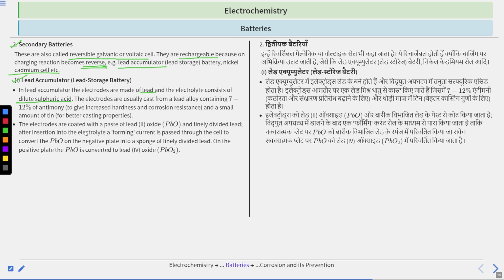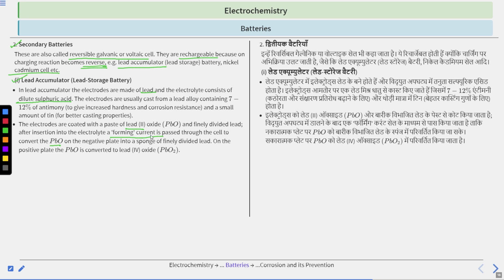The electrodes are coated with a paste of lead(II) oxide, that is PbO, and finely divided lead. After insertion into the electrolyte, a forming current is passed through the cell to convert the PbO on the negative plate into a sponge of finely divided lead, whereas on the positive plate the PbO is converted to lead(IV) oxide, that is PbO2.